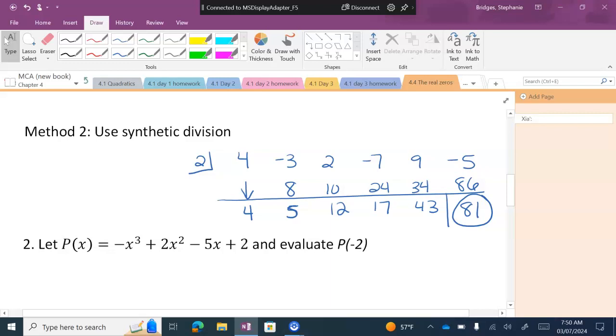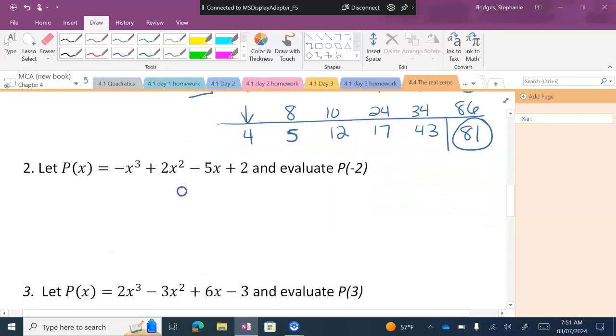There, that's our... Plug in or synthetic?